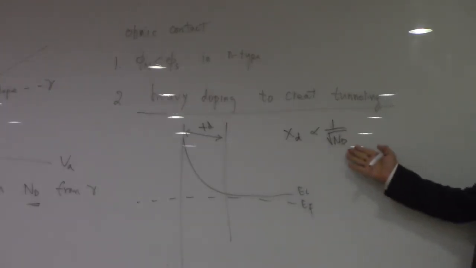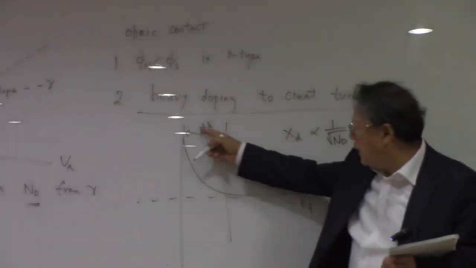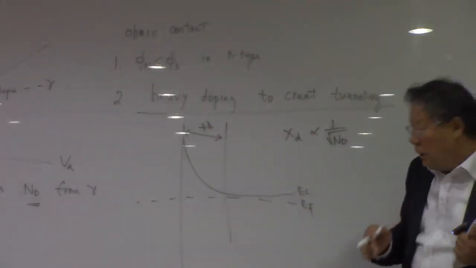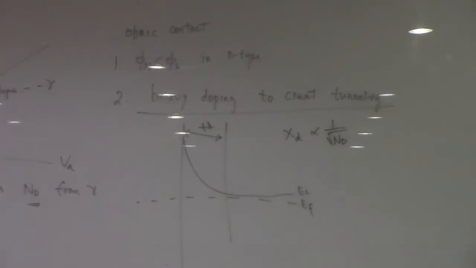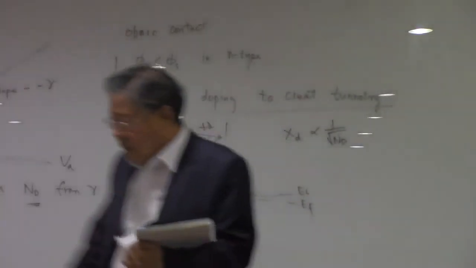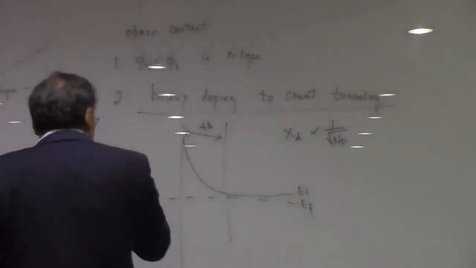So if you dope heavily, then this XD becomes smaller and smaller, so that finally you can get a tunneling here.